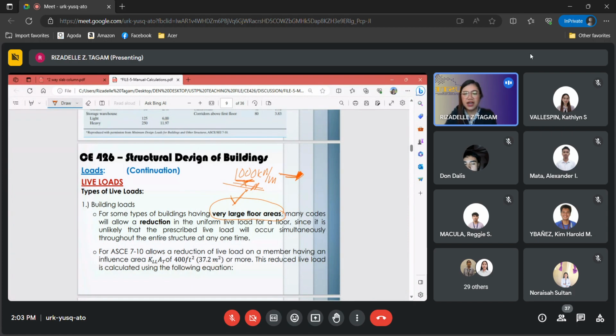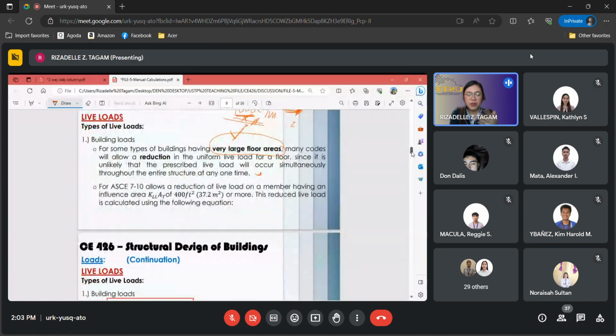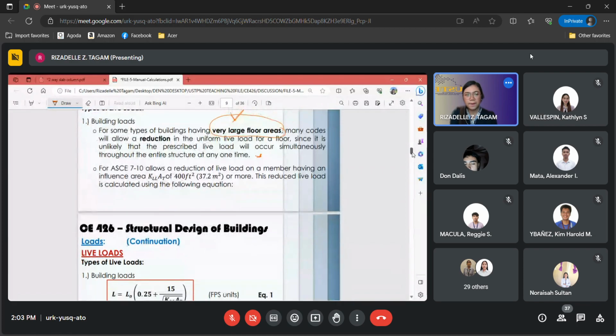Like, what is applied on the first usage in this hour is around 200 kilonewton per meter. Then people leave, it is replaced, increased to 300. Then they leave again, and it becomes 100, because there are few people left. So we can reduce the live load because of that concept. It is not fully used at one time.